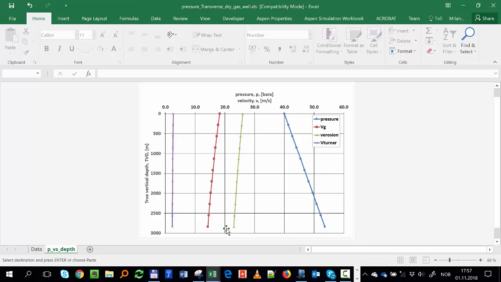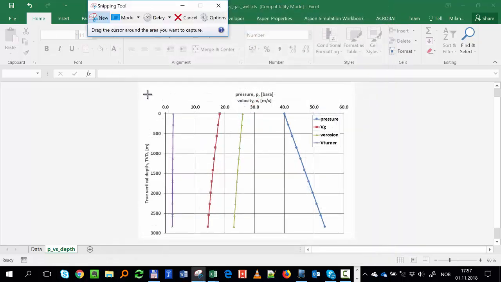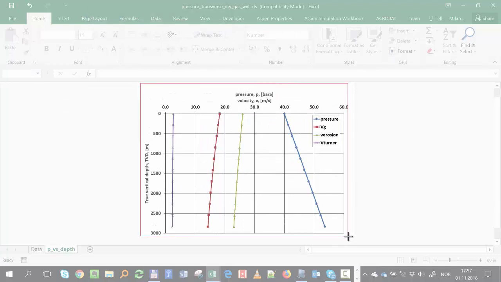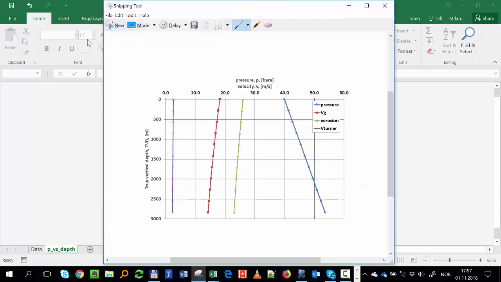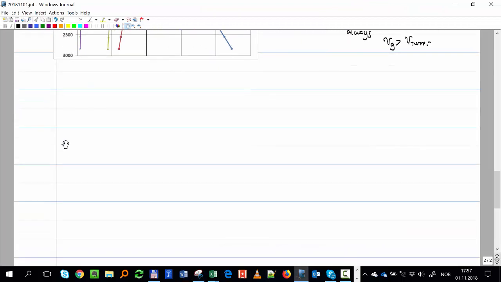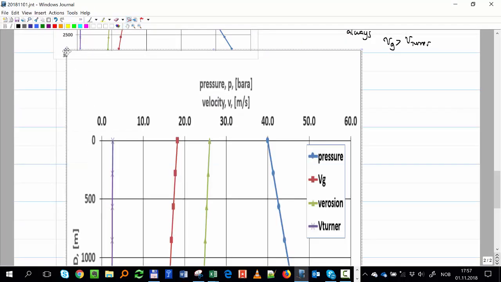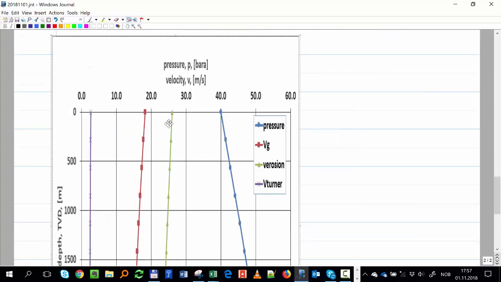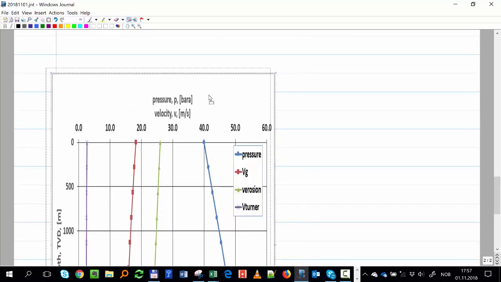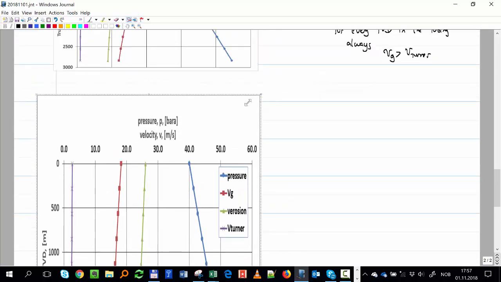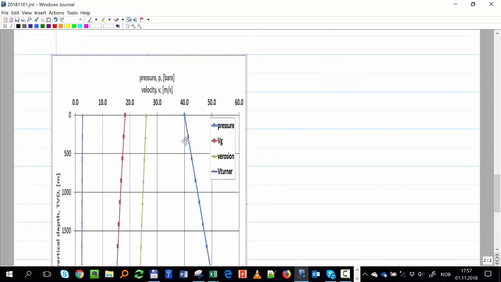That's the erosion. So let's copy that plot. I think that's interesting. Now let's see this case. In this case we have reduced the rate of the well.